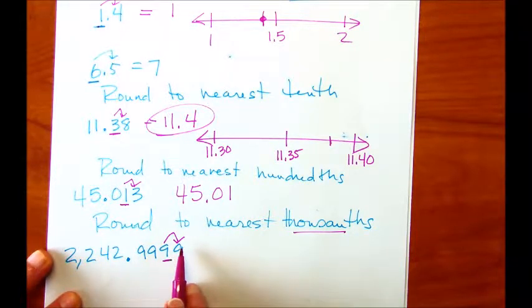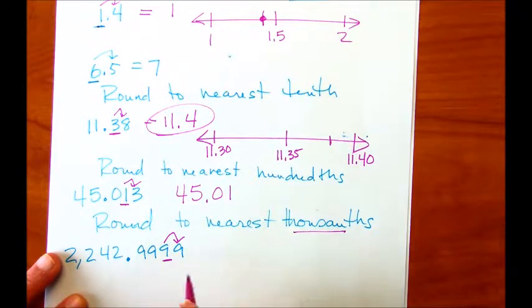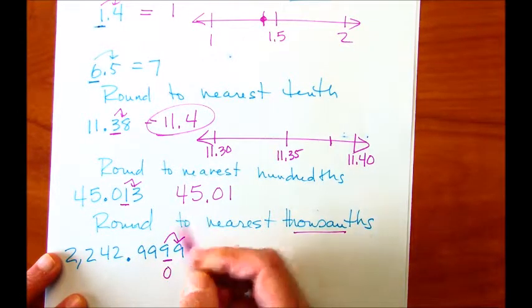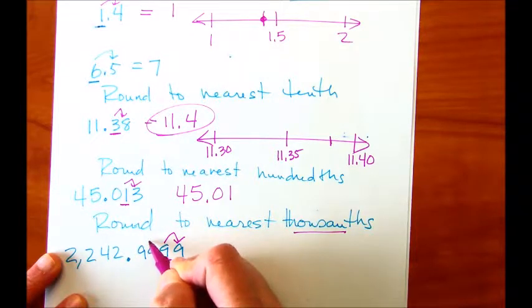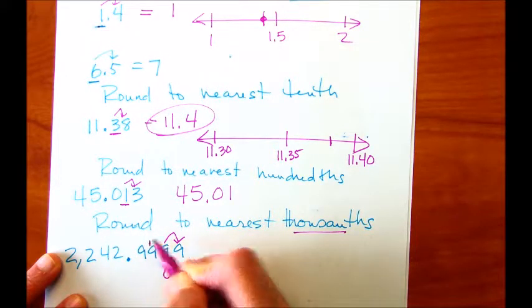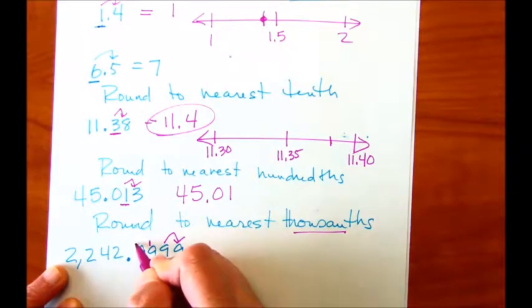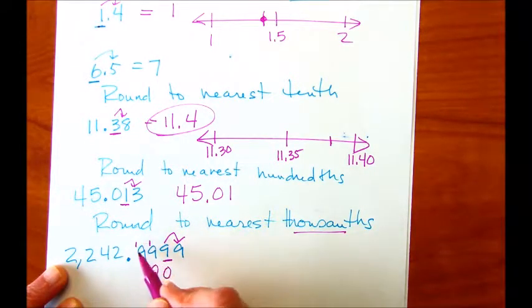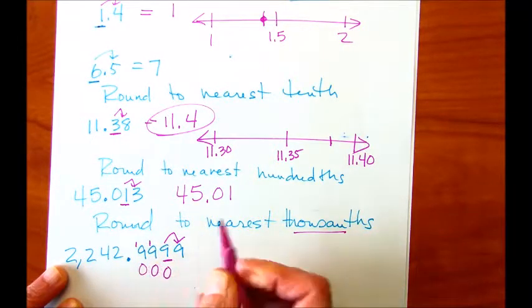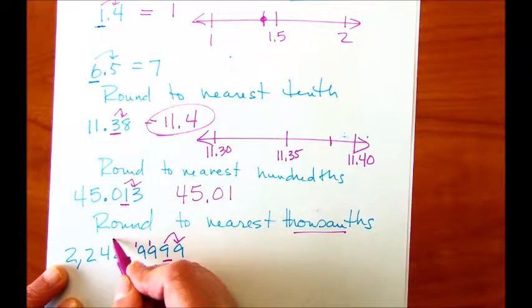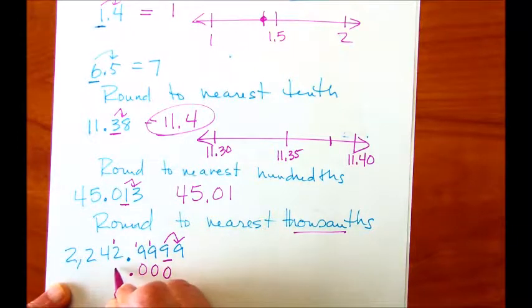So this 9 bumps this 9 to a 10, which is going to be a 0, but then we're going to carry that 1 to the tenths, and then that 9 plus 1 becomes 10, so that becomes a 0, and then we're going to carry that 1 over, so 9 plus 1 becomes another 10, and then we're going to bump that 1 over here, which will become a 3.